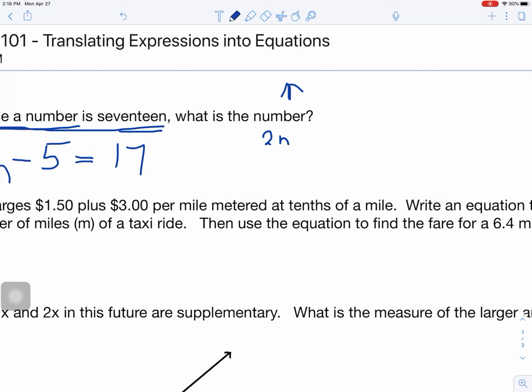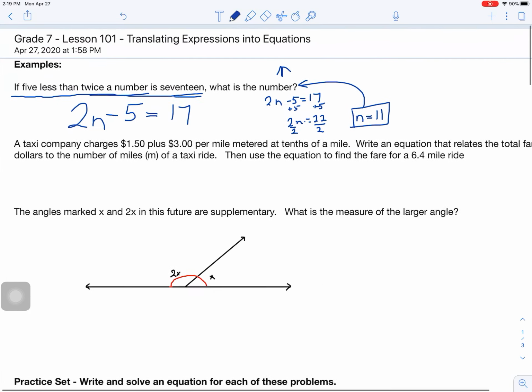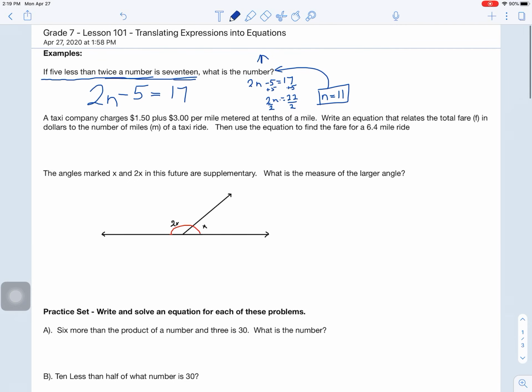If we have 2n minus 5 equals 17, you would add 5 to both sides and get 2n equals 22, in which case you would divide both by 2 and find out that n equals 11. So what are we finding out? That number equals 11.